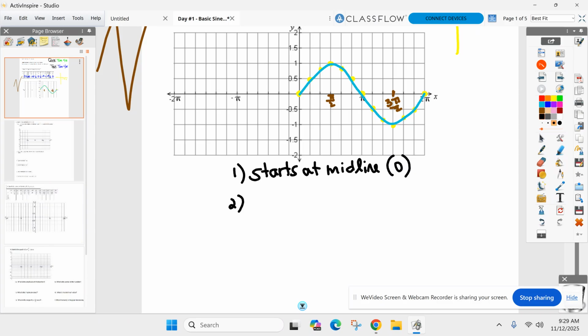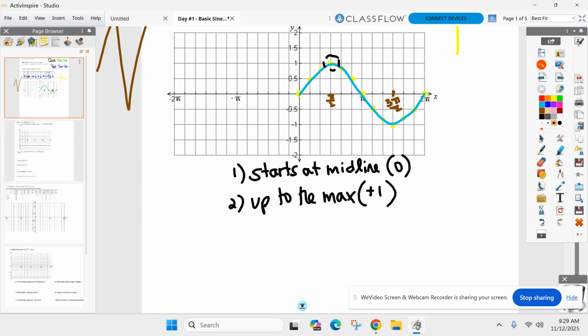It went up to, anybody know what you call that one from your Algebra 1 days? The highest point on the graph begins with an M, ends in aximum. Maximum, right? So it starts at 0, then goes up to the max, which is positive 1 for us.